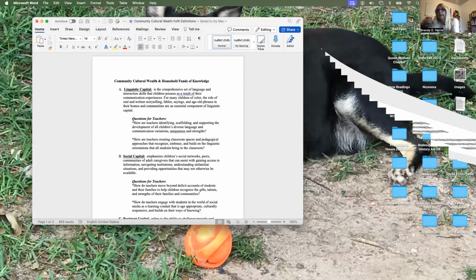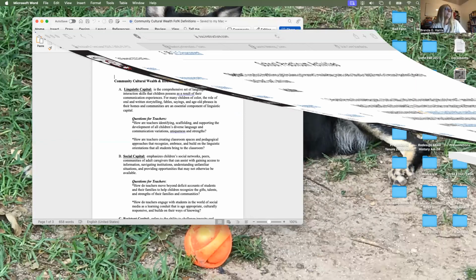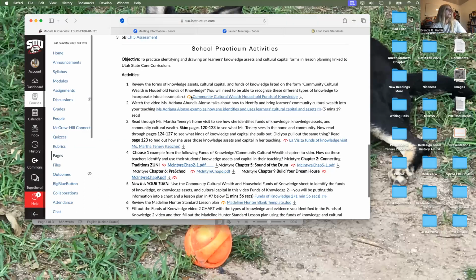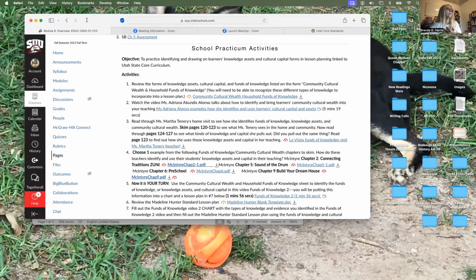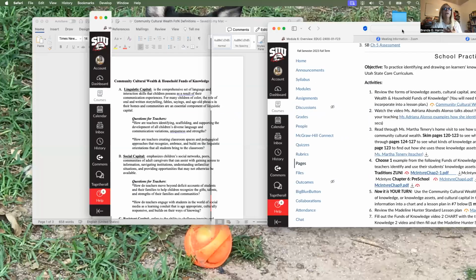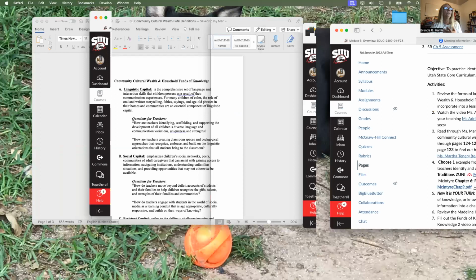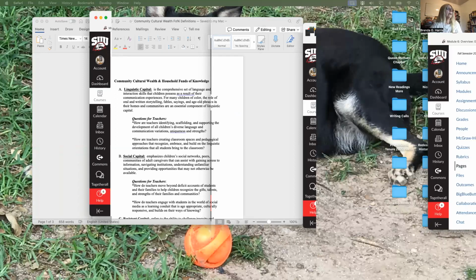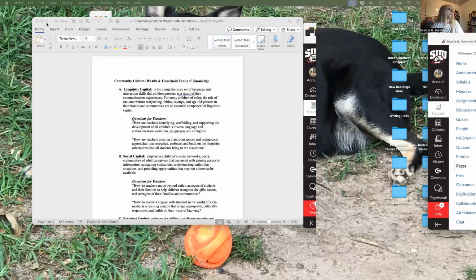And what this is, this first document right here, Community Cultural Wealth, Household Funds of Knowledge. So I have downloaded that and I have it up on my computer screen. So I'm just going to scoot this screen over and I'm going to show you this one right here.